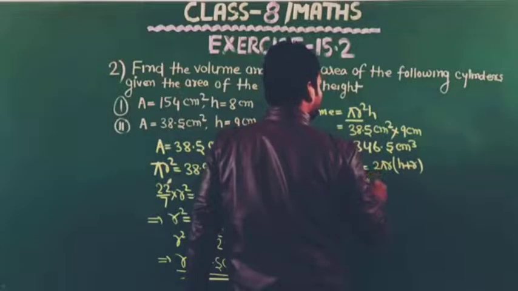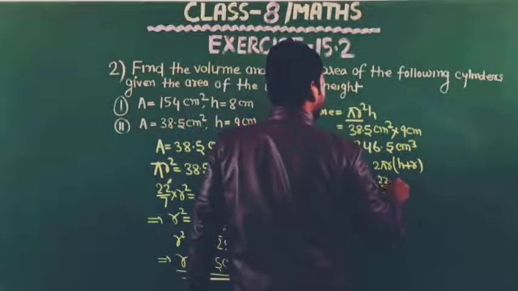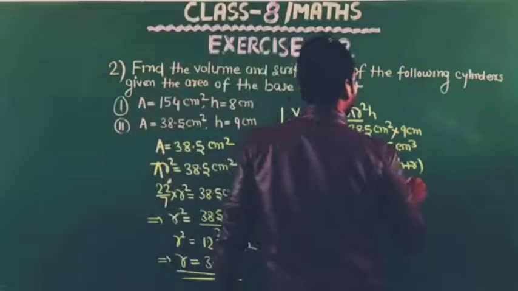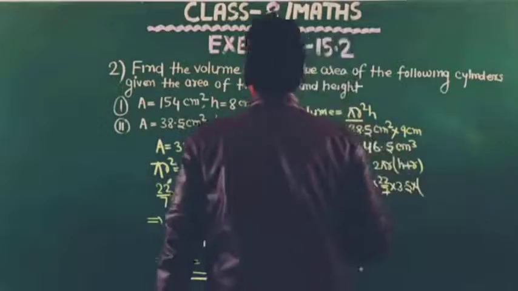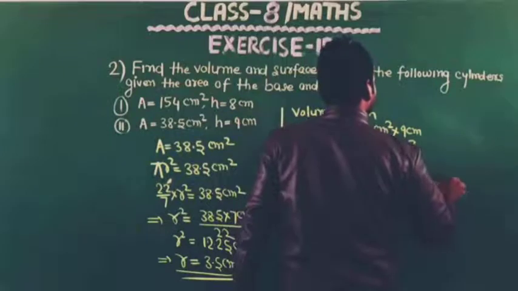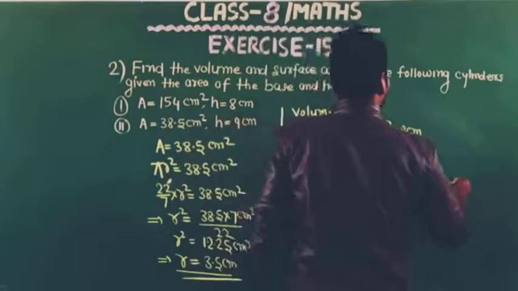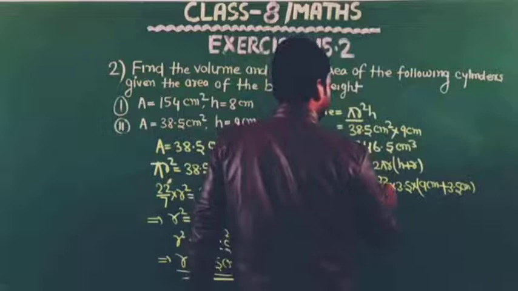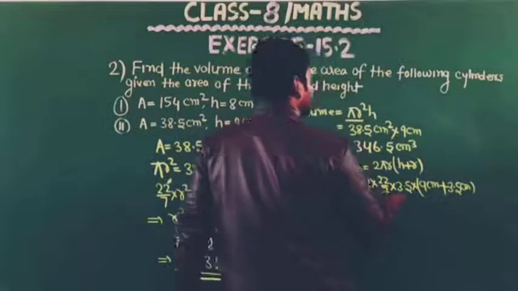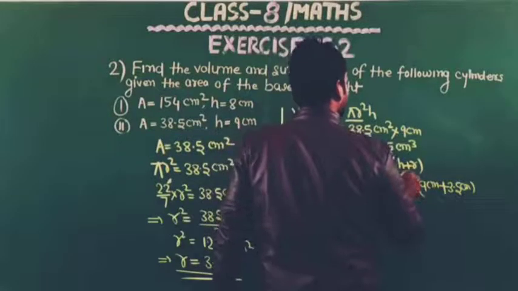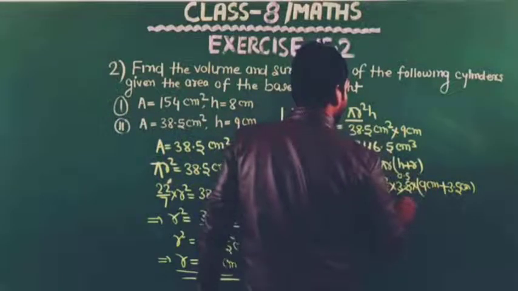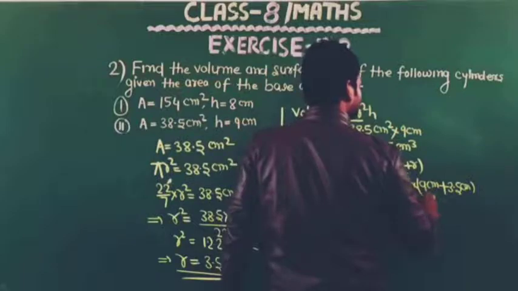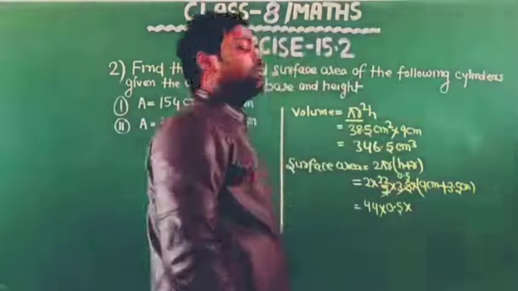So this is 2 into pi, which is 22 by 7, and radius r is 3.5 centimeter, into h which is 9 centimeter plus radius 3.5 centimeter. 2 into 22 is 44, into 7 times 5 is 35, so 0.5, into 9 plus 3.5.